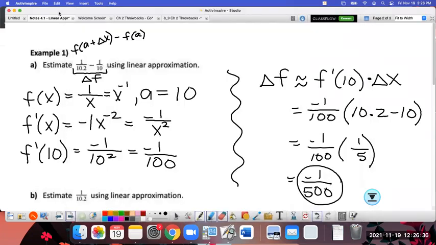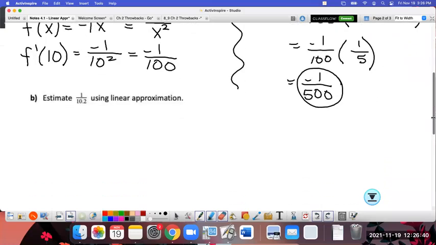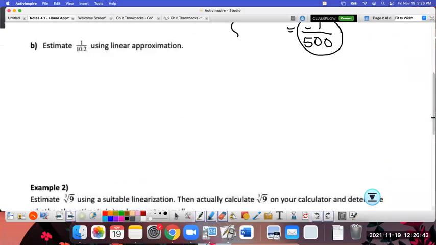All right, now let's go ahead and use our linear approximation to estimate that actual output. So remember, to estimate that, we write our linearization function, that L of x function, which we have all of the information for.